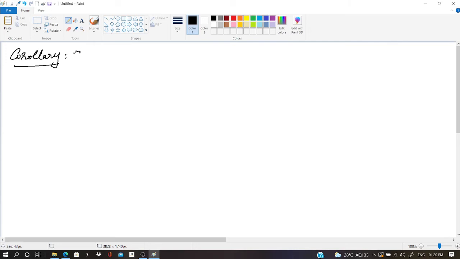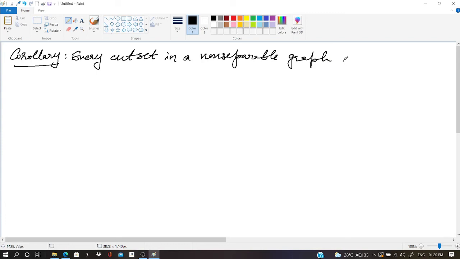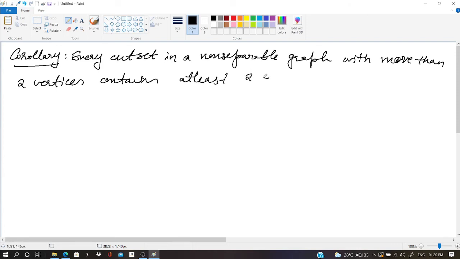Every cut set in a non-separable graph with more than 2 vertices contains at least 2 edges.